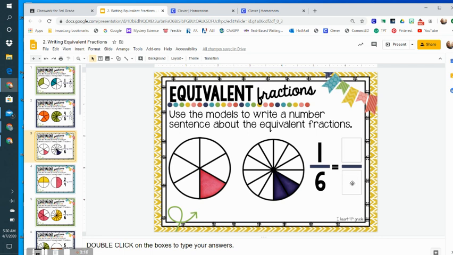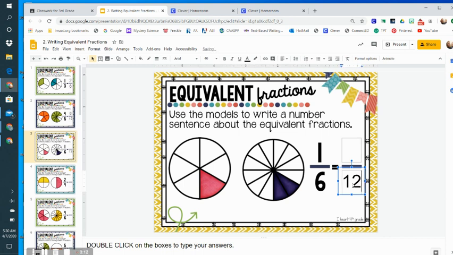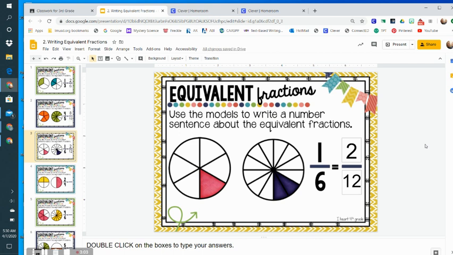That's right, it's going to be the denominator, 12. And how many of those 12 equal pieces are shaded blue? That's right, 2. So our fraction here is 2/12. We would read this equation as 1/6 equals 2/12. Or you could make it fancy and say 1/6 is equivalent to 2/12.